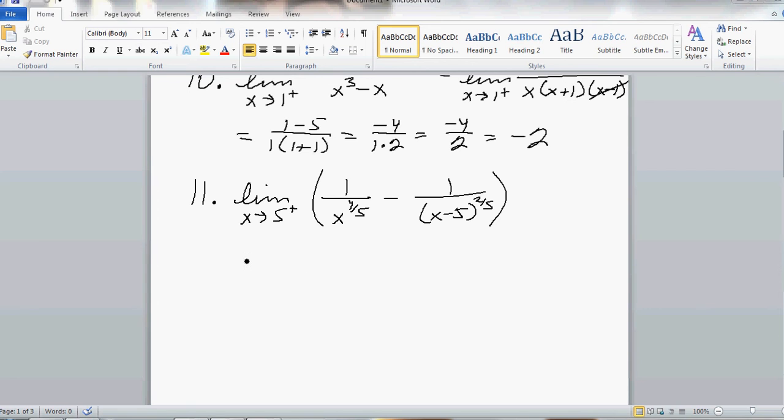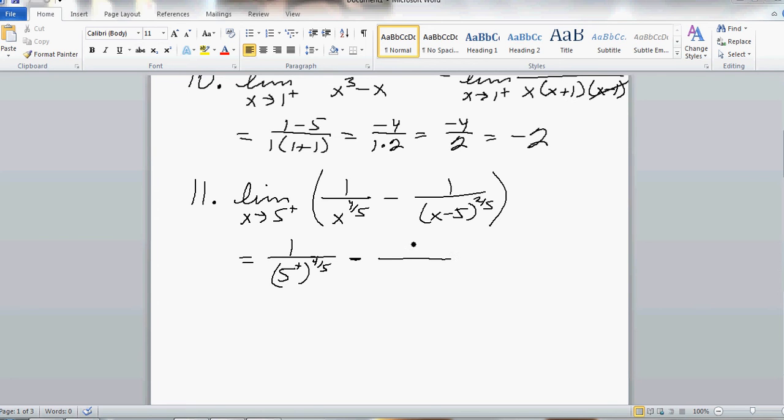And so we get this situation first of all. Direct substitution would say, okay, I'm going to take 1 over 5, and this is 5 from the right side, raised to the 4/5 power. Now here's where we're going to potentially get some really strange things going on, but let's continue.